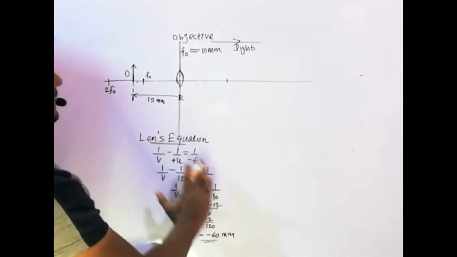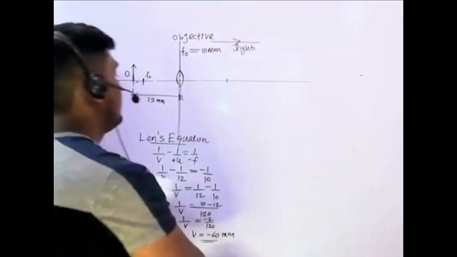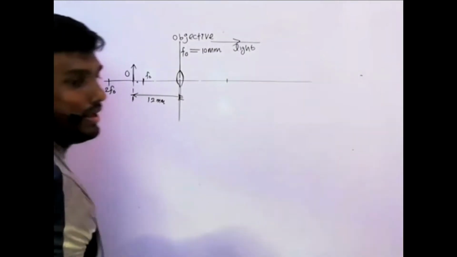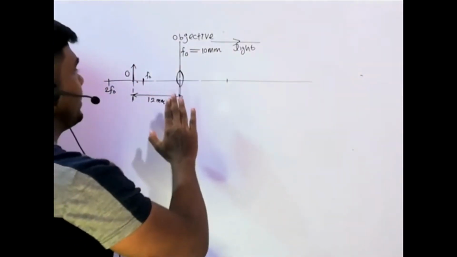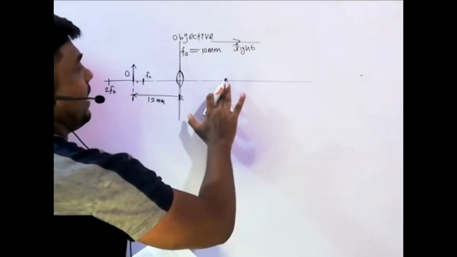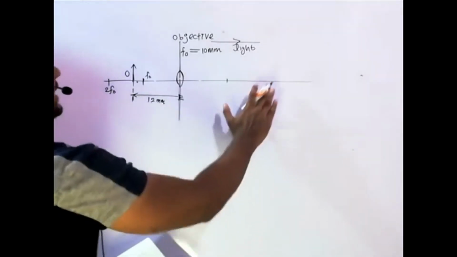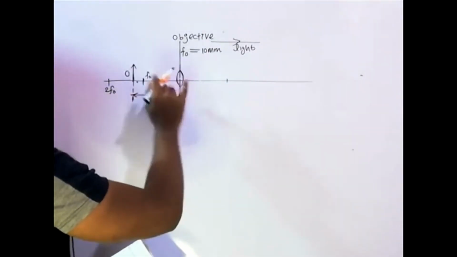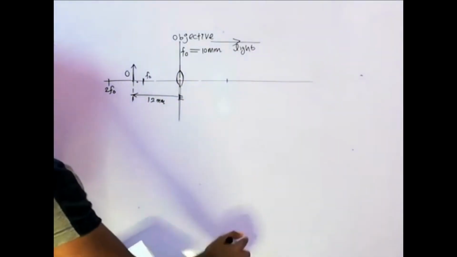Okay, we don't need these calculations to draw the ray diagrams. For your understanding, I just mentioned them. Right, now what happens? Therefore your image should be somewhere here. I can decide the location of the image by drawing the ray diagram. So normally we use two standard rays.